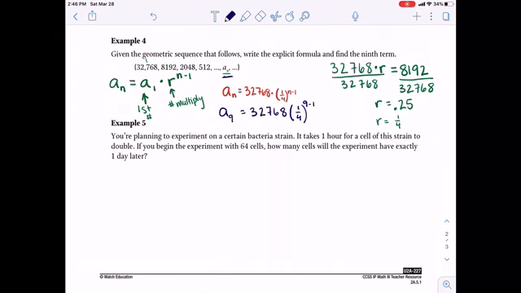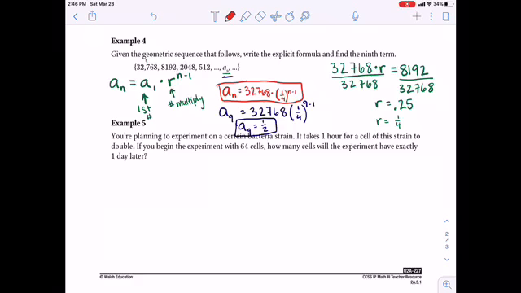And now all I have to do is type that into my calculator. So I have 32,768 times 1/4 to the 9 minus 1 power. And my calculator says that that equals 1/2. So this is my 9th term, and this is my explicit formula.